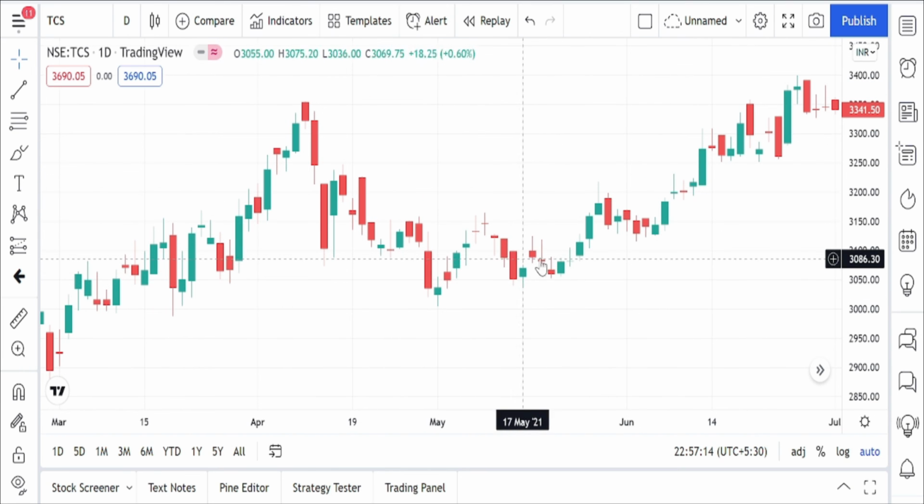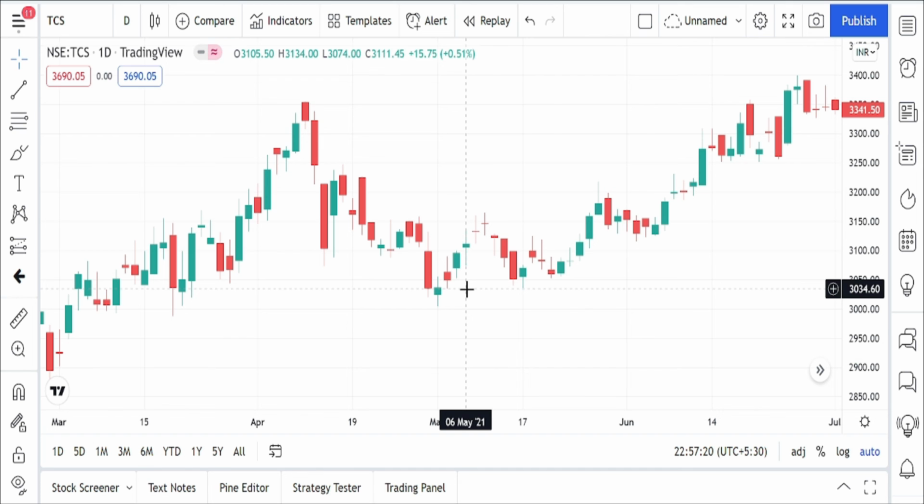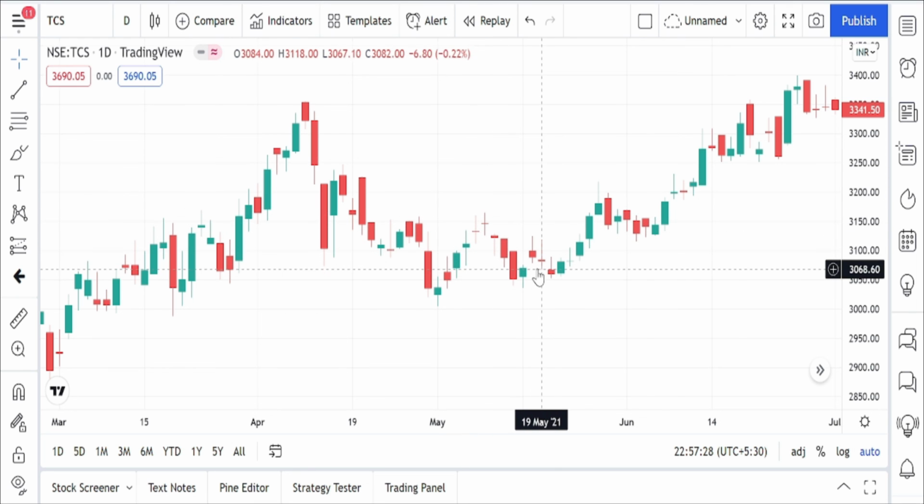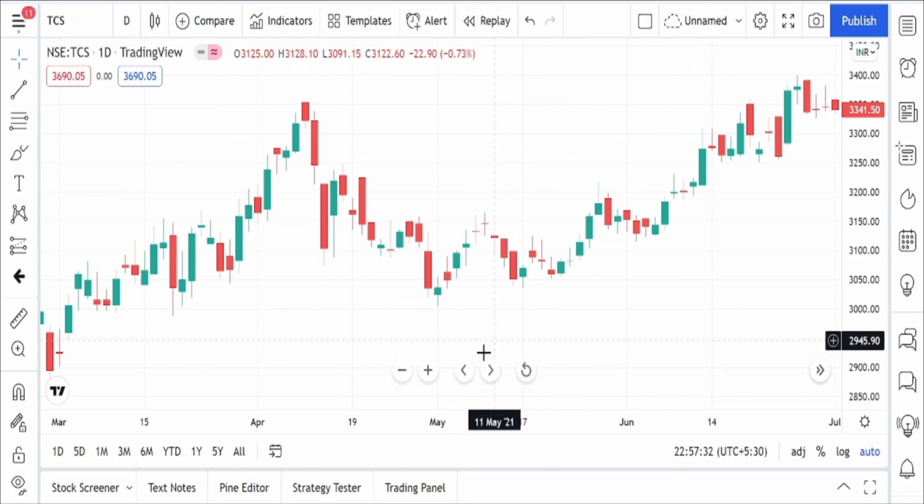Here also the spinning top candle formed at support levels, right? So friends, whenever we see these spinning top candles or doji candles at support or resistance levels, we need to be more cautious.